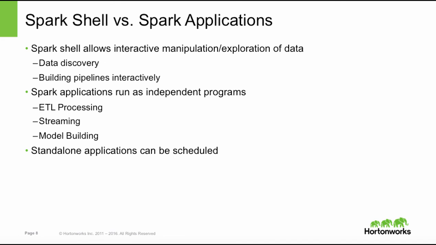And much like the other tools, Pig specifically is a good example of this notion of an interactive shell. The Spark shell you hear a lot about. There's a Spark shell primarily for Python and Scala, two different shells for that. And since these are programming languages, we can build true applications and schedule those applications, invoking them at different times, for doing our normal kind of data engineering functions.